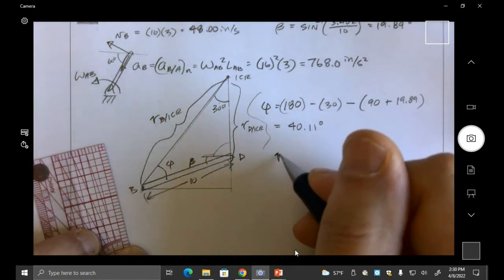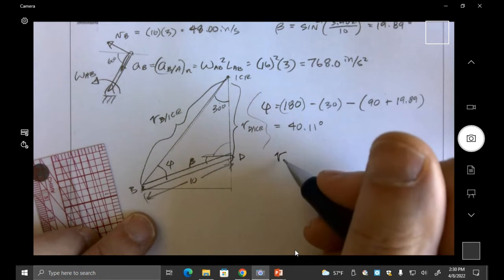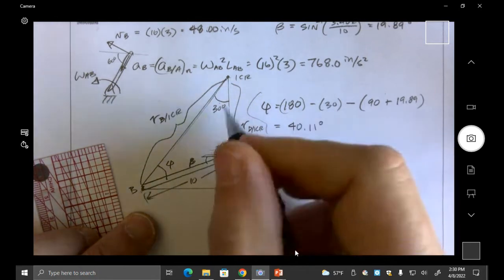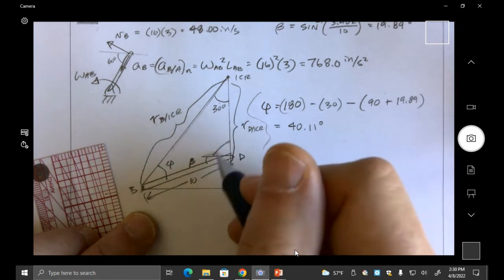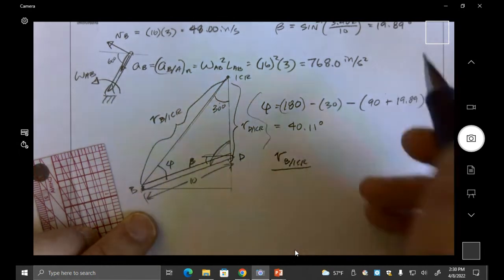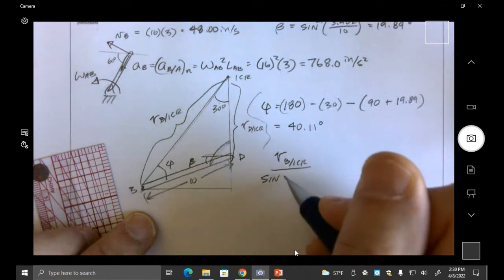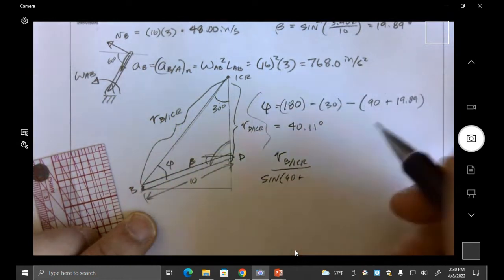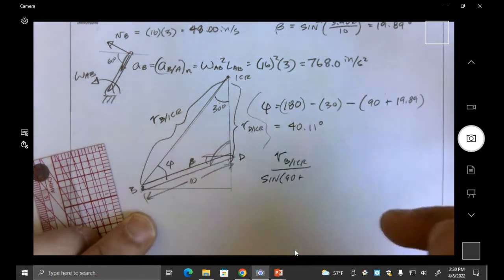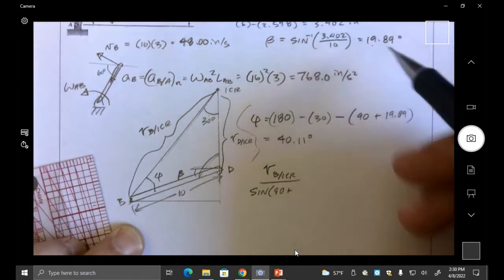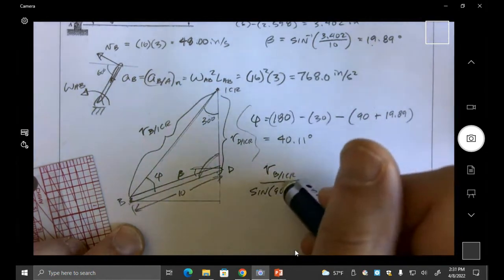If we want to get RB with respect to ICR, because we know the velocity, that's going to be the opposite of this angle, so the sine of 90 plus 19.89, which is 109.89.